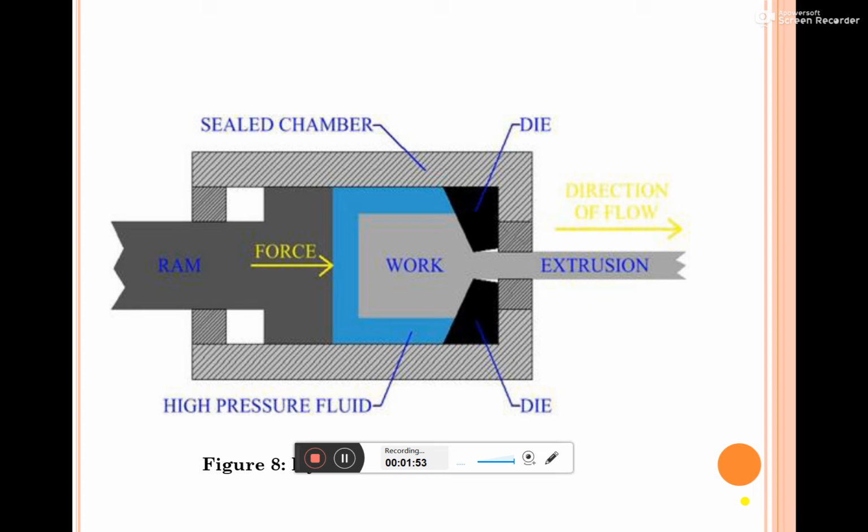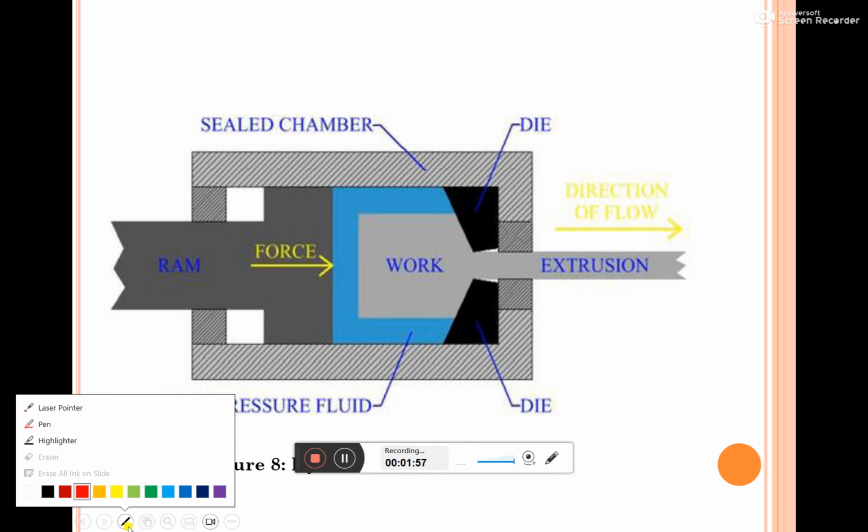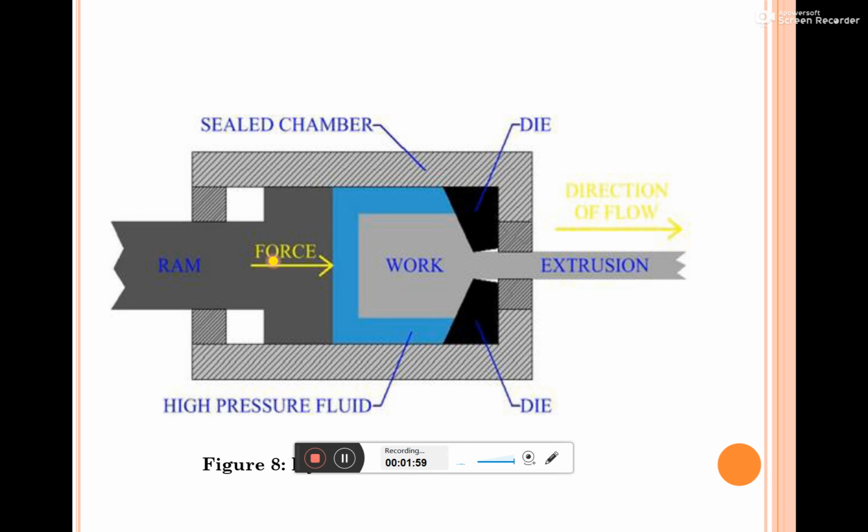Here, this is the workpiece, and on this we are applying the force. The force direction is towards the right, and at the same time the workpiece is also forced to move through the die in the forward direction only, that is, in the direction of force.